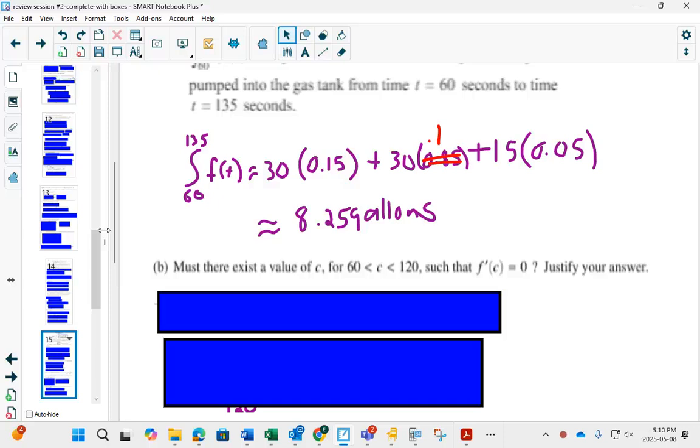Must there exist a value between 60 and 120 where f prime of c equals 0? So now this is going to lead you down through either mean value theorem, extreme value theorem, or intermediate value theorem.